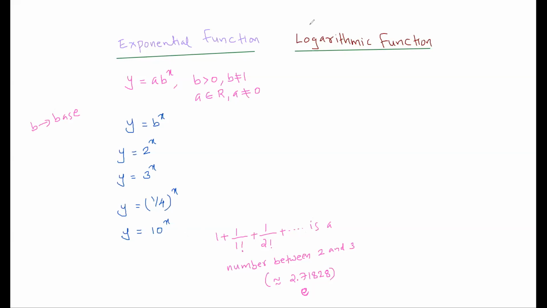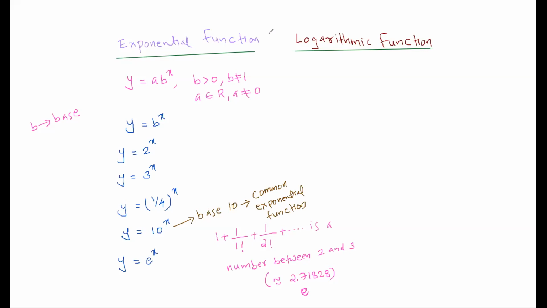In this particular example here, the base is 10. So base 10 has a particular name, it is called the common exponential function. For example, y is equal to e to the power x.